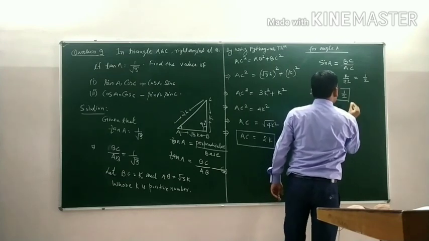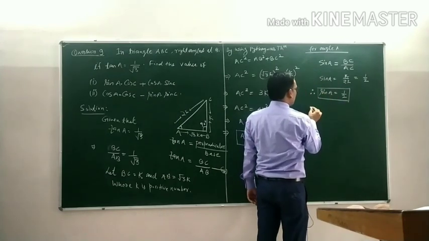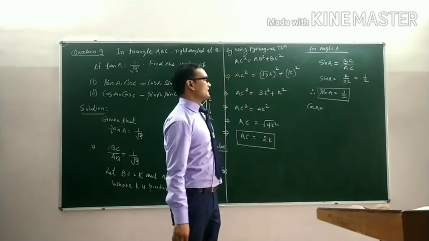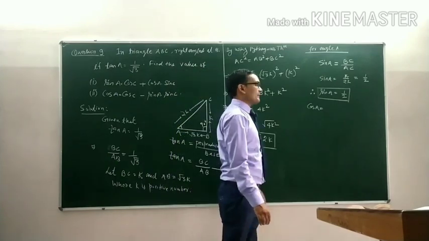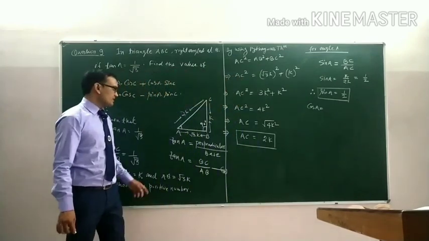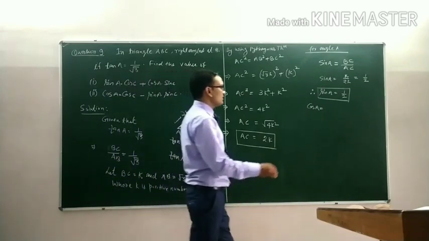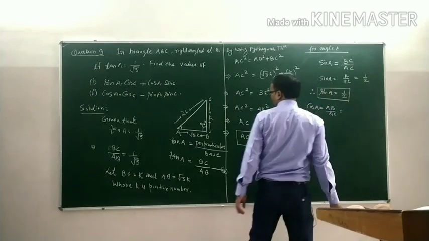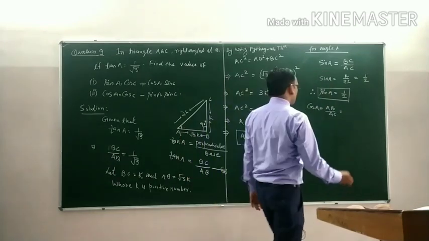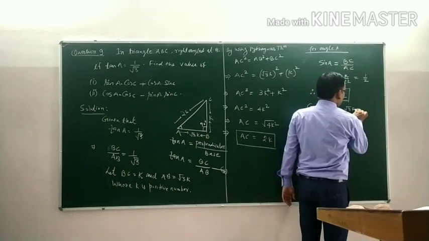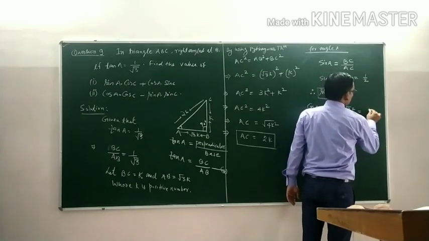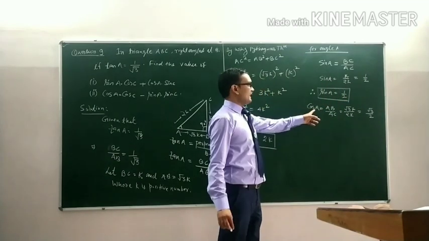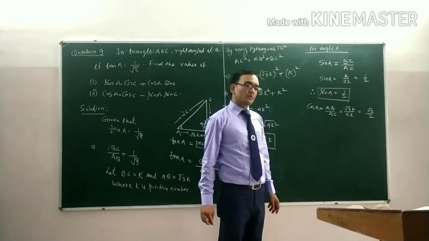Okay student. Similarly, we find cos A. What is the value of cos A? Cos A is the base upon hypotenuse. That means base is AB upon AC. The value of AB is square root 3K upon 2K. This equal to square root 3 by 2. The value of cos A equal to square root 3 by 2.